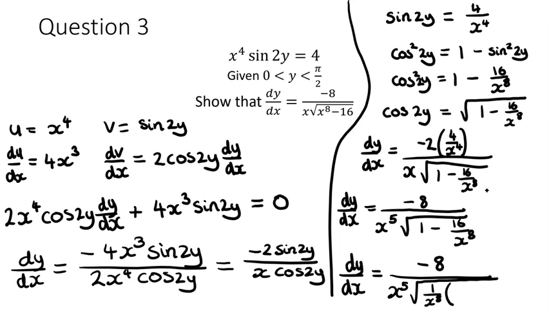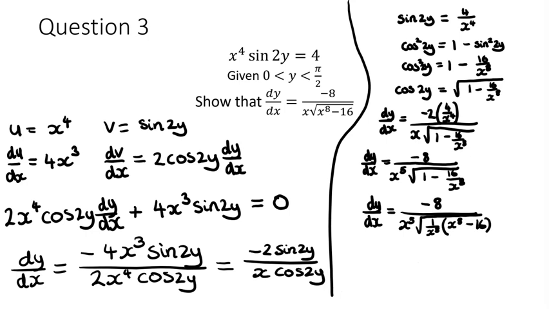So what that means is, to get the 1 back, I'd have to times the 1 over x to the power of 8 by x to the power of 8, because that will make 1. And then to make the 16 over x to the power of 8, I need to times the 1 over x to the power of 8 by a 16. And then we're pretty much there.